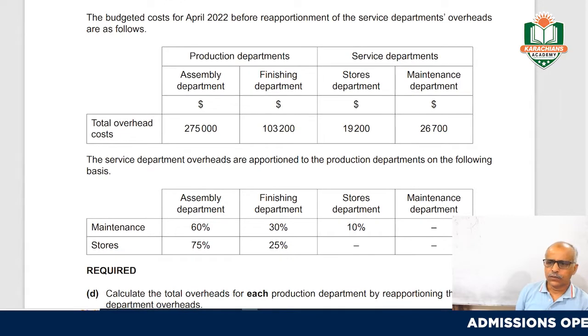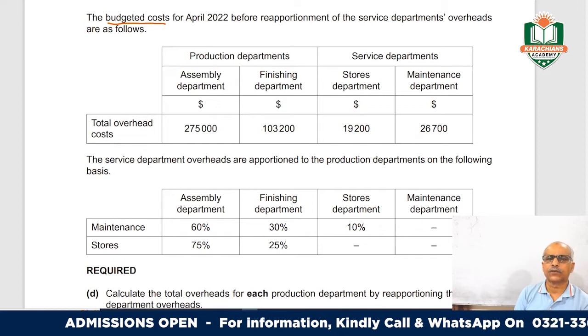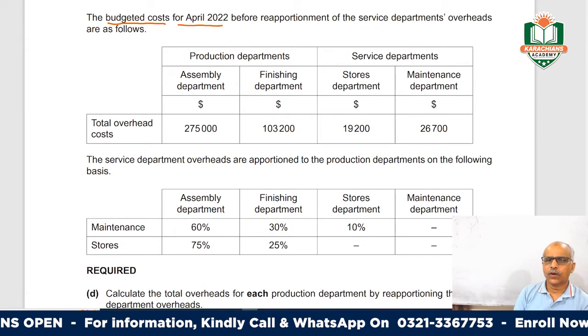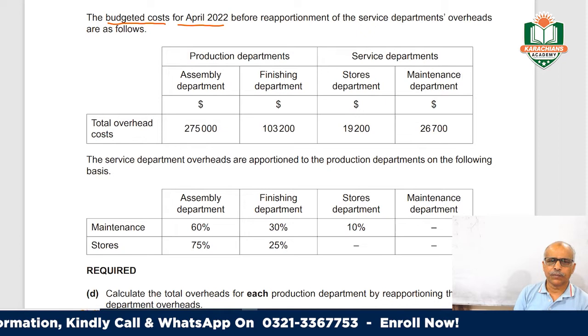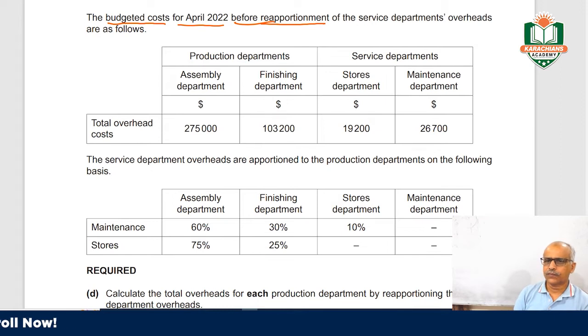So they have the additional information, the budgeted cost. Again, remember, this is the budgeted cost, not actual. For April, the next month, they are giving you the budgeted cost before reapportionment of the fixed service overhead, as follows.